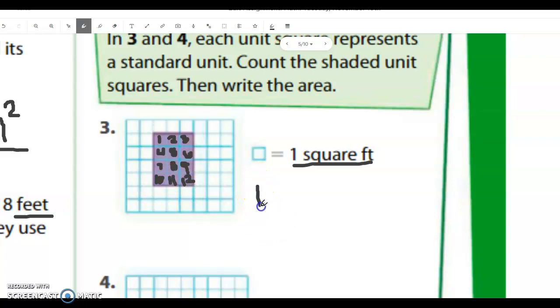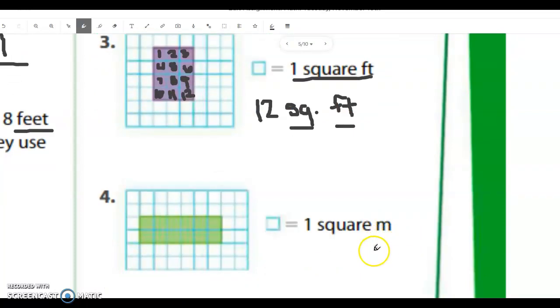And we would get 12 squared feet. Now when I shorten a word like SQ period or FT, those are called abbreviations, and we can use abbreviations in our units.